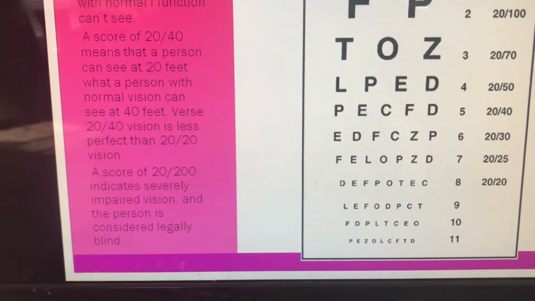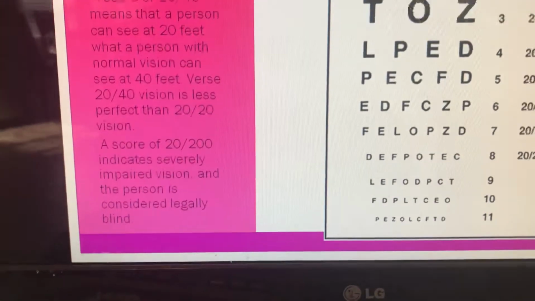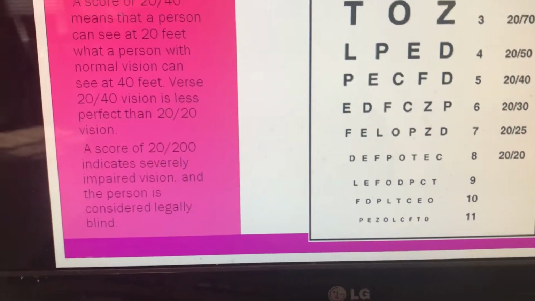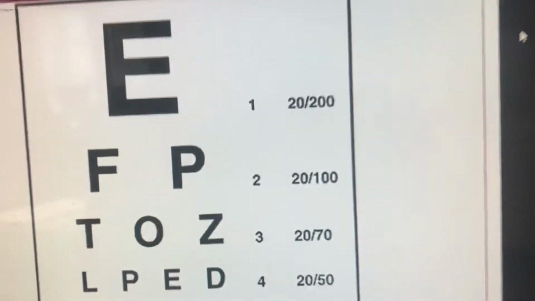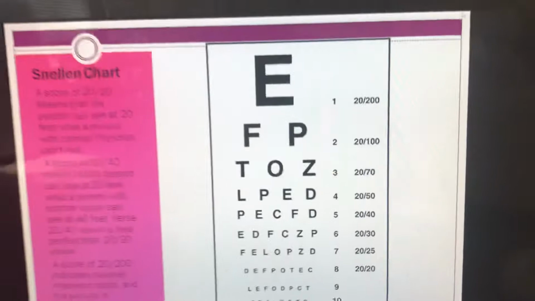So 20/40 vision is less perfect than 20/20. And then a score of 20/200 indicates severely impaired vision and the person is considered legally blind. So here is a picture of the chart here. Okay.